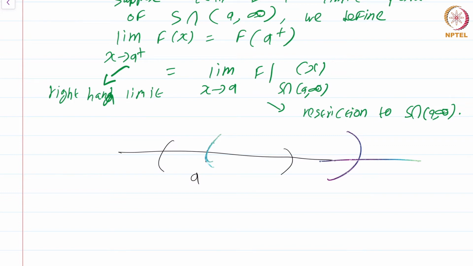Because we required only the point A to be a limit point of the particular set, not an adherent point, our earlier definition of limit can be borrowed and used in this case also. So we get a quick definition of the right hand limit. So exercise: formulate the idea of left hand limit.